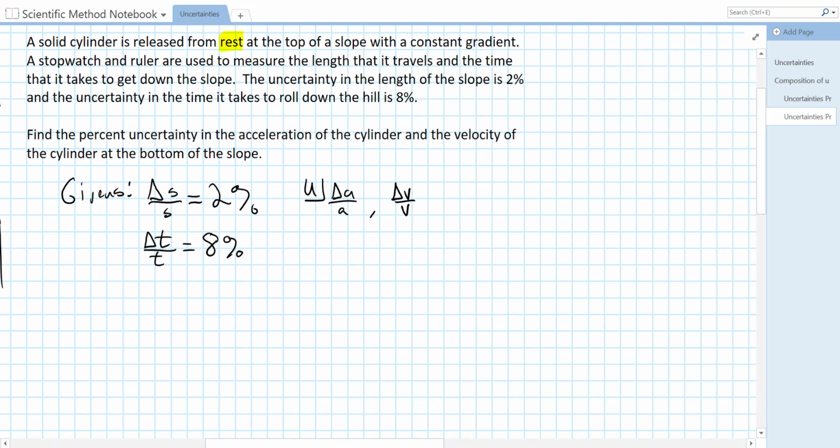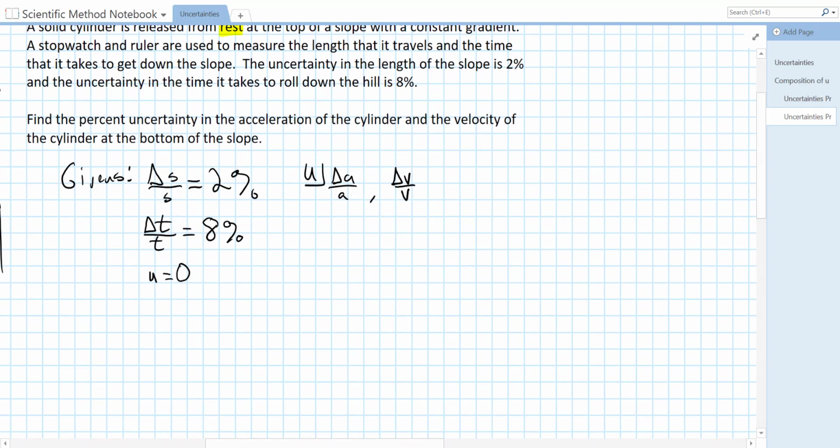So we are given the fact that the initial velocity is equal to 0. And in the IB, our initial velocity is U. U equals 0. So we can find the correct equation for the acceleration, for example. And that's just the kinematics equation with S, T, U, and A.